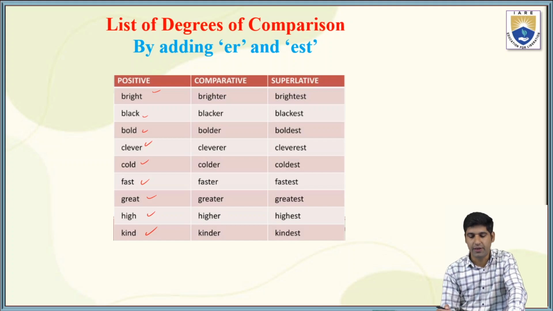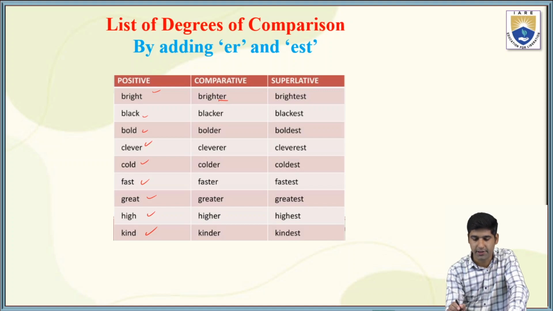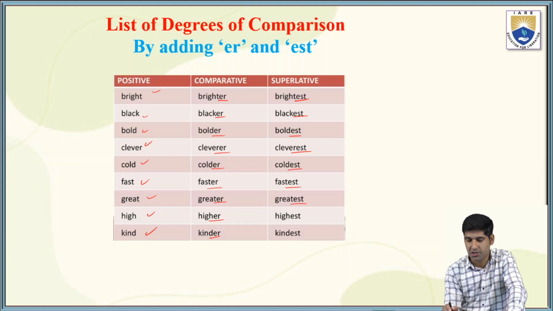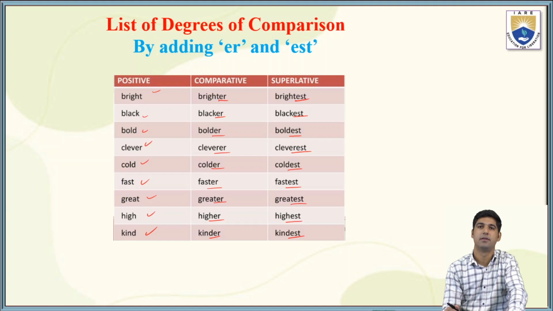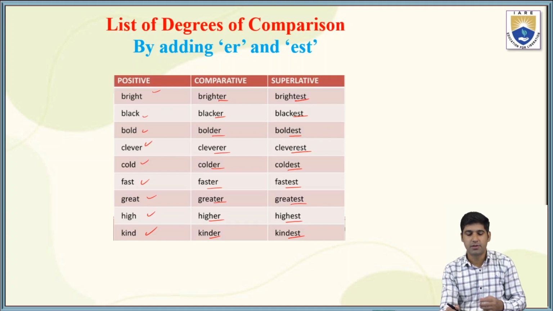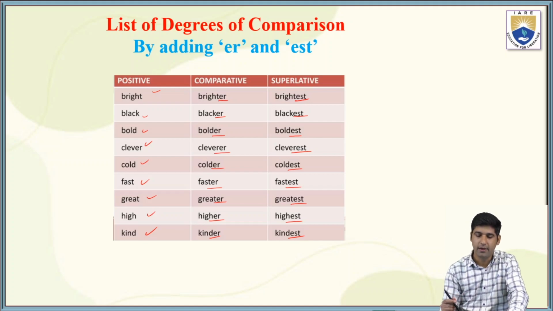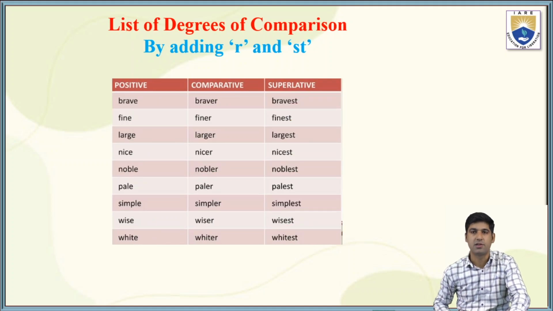For these adjectives, we can add ER to make them comparative, like brighter, blacker, bolder, cleverer, colder, faster, greater, higher, kinder. Then brightest, blackest, boldest, cleverest, coldest, fastest, greatest, highest, kindest. So these are the adjectives where we can make the degrees of comparison by adding ER or EST.